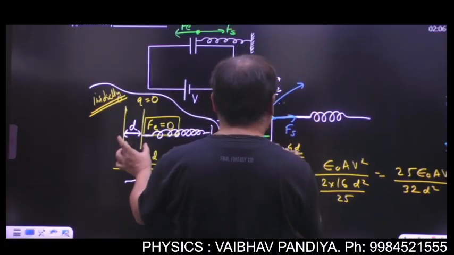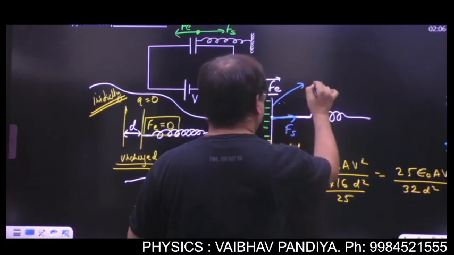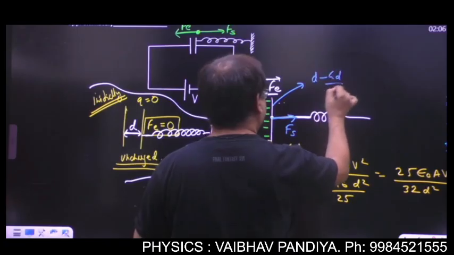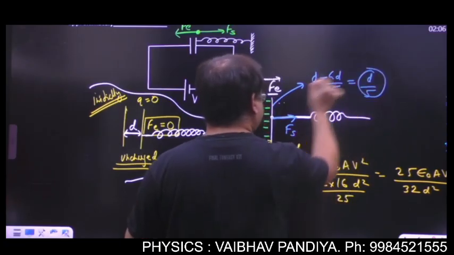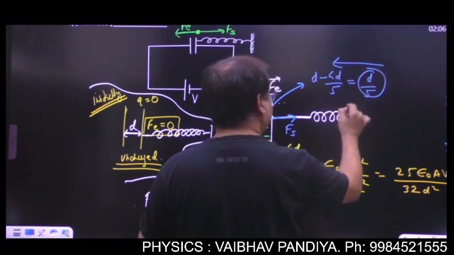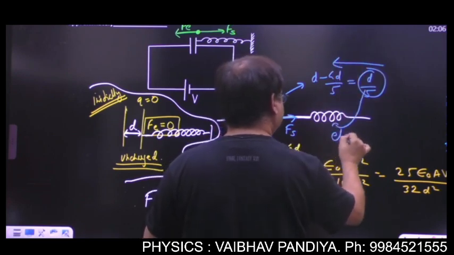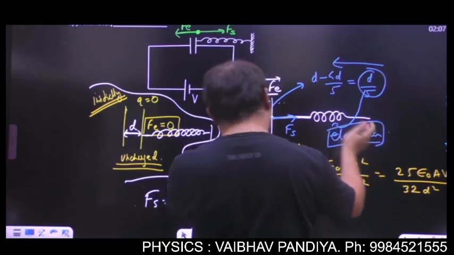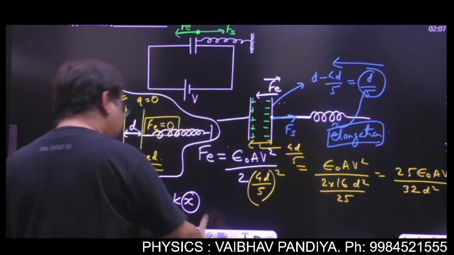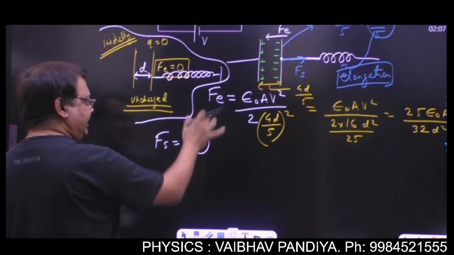So it is the difference of the separation between the plates. So it will be d minus 4d by 5. That is d by 5. So d by 5 is the distance moved by the right plate, and the same will be the elongation in the spring, because the spring would elongate by the same amount by which the right plate moves.